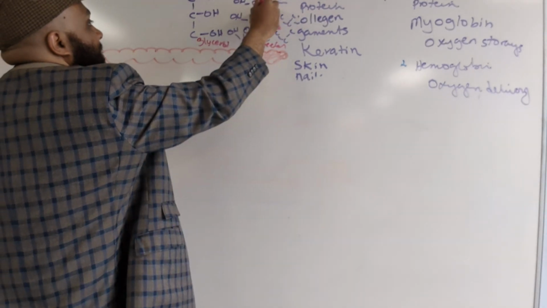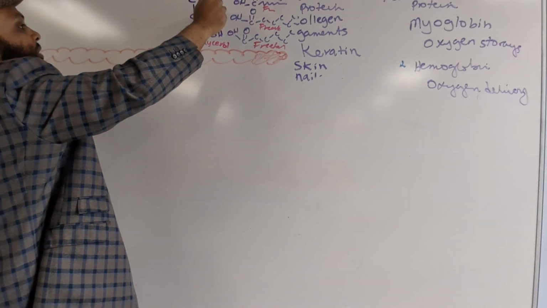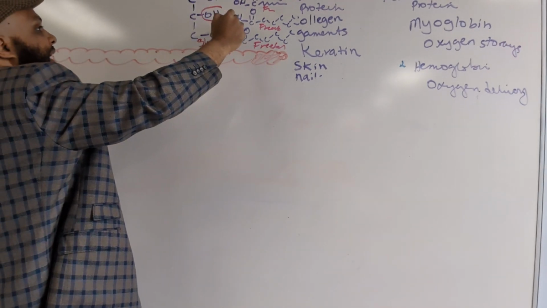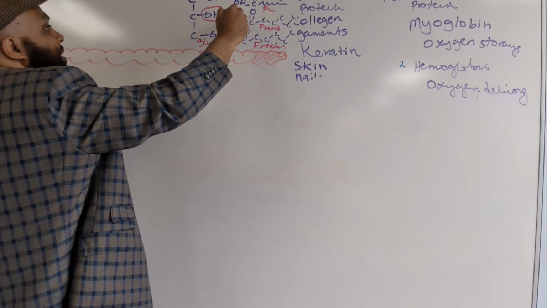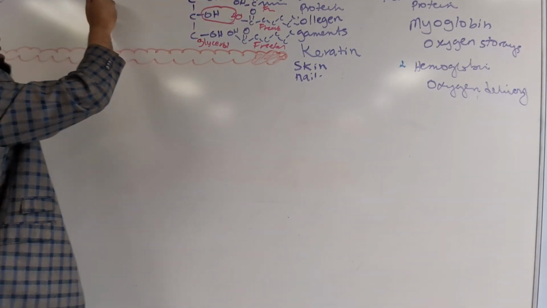If I want to join them, I remove an OH and an H from here, and then water will come out. So I remove them, and then they get joined.